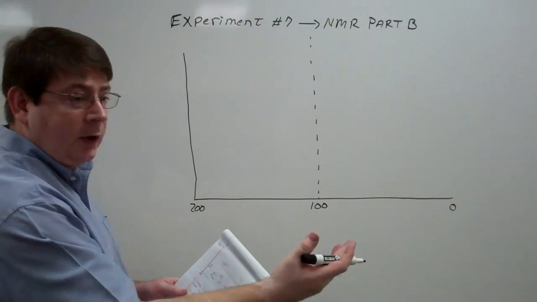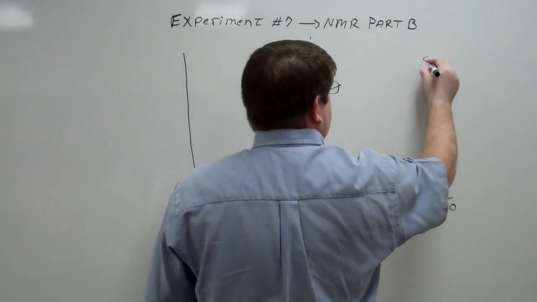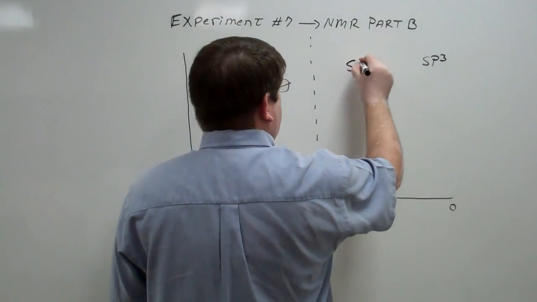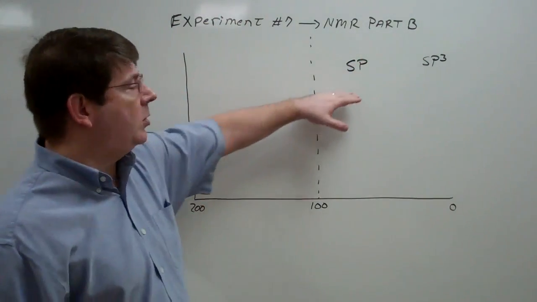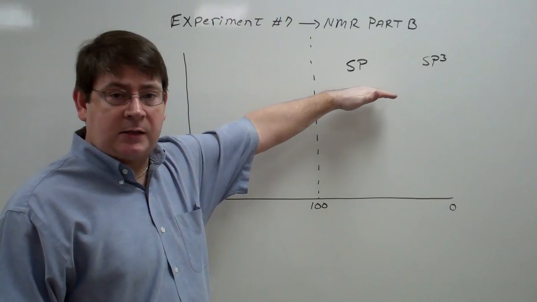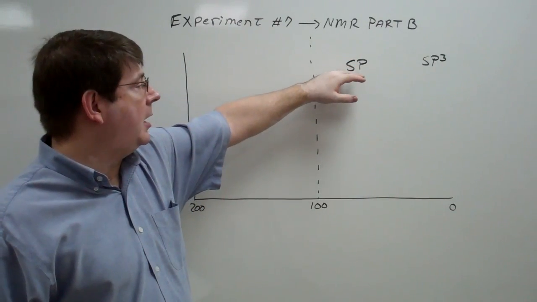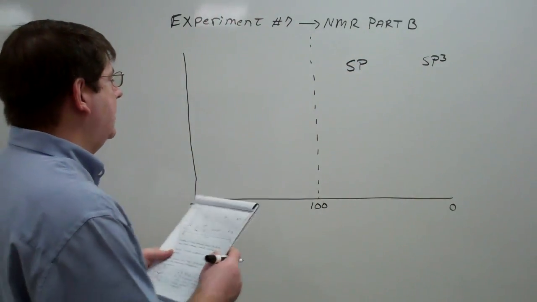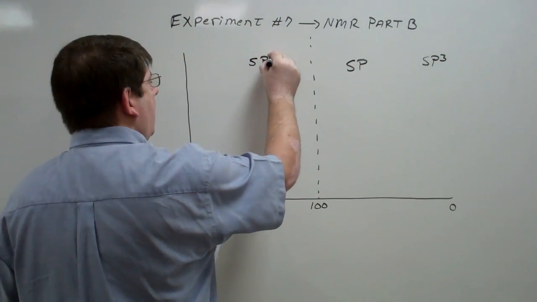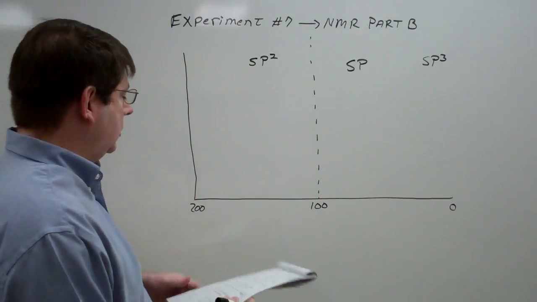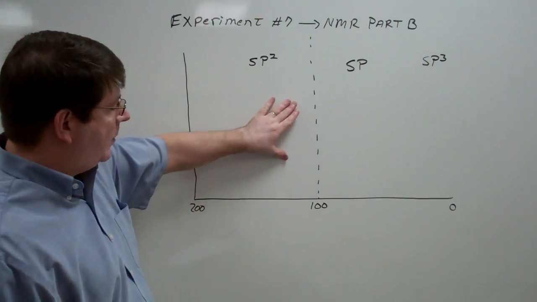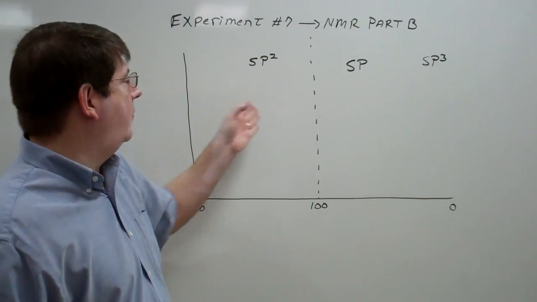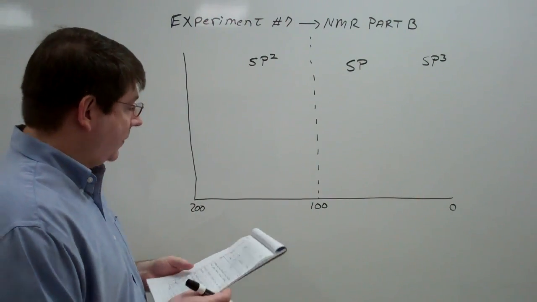Everything upfield of 100 is going to be either sp3 hybridized carbon atoms or sp hybridized carbon atoms, just like we saw for proton. sp3 hybridized hydrogens and sp hybridized hydrogens, or hydrogens attached to those types of carbon anyway, were on the right, and the sp2 hybridized carbons will be downfield from 100. So just by simple inspection, you can tell the number of carbon atoms that you have that are unique, and you can get an idea of what type of hybridization you have.